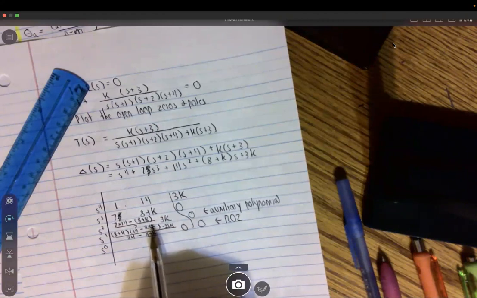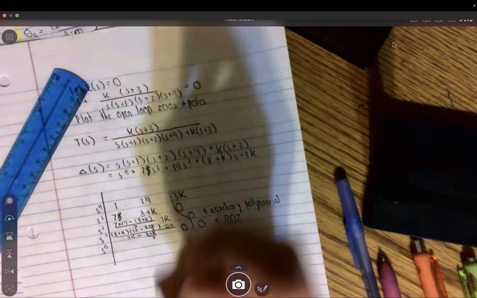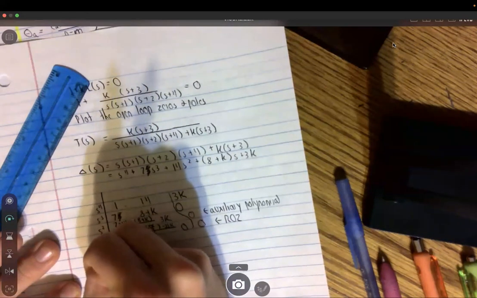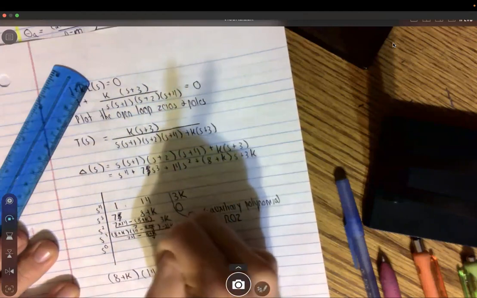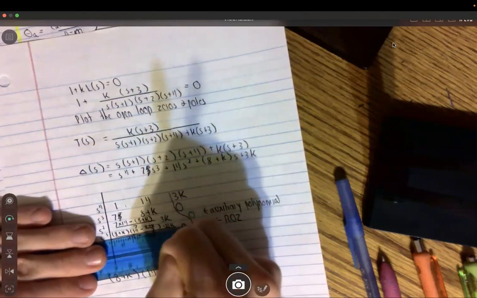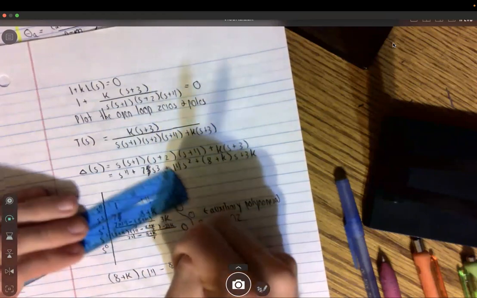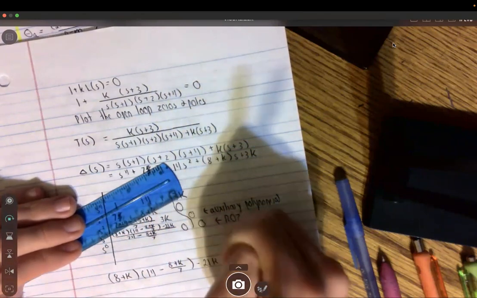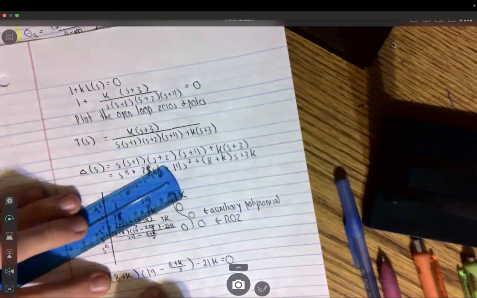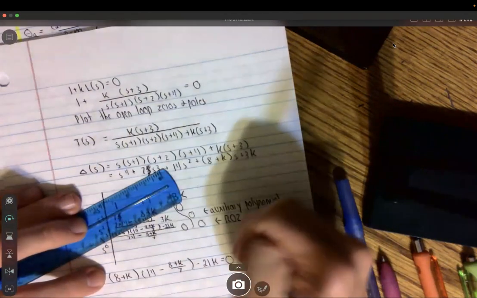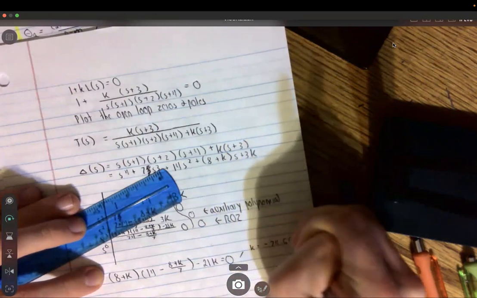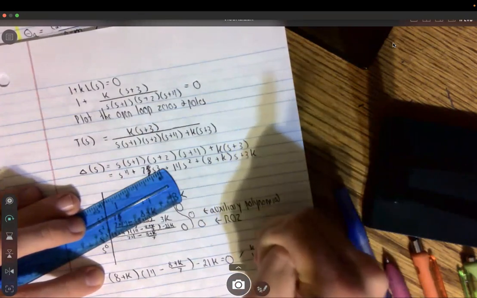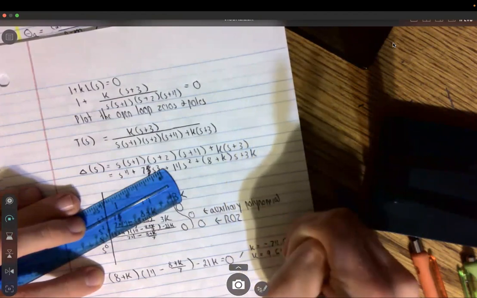So basically 8 plus K multiplied by 14 minus 8 plus K over 7, and then minus 21K, had to be set equal to 0. When you solve for K, you get K equal to negative 74.6456, and the other K value is 9.6456.